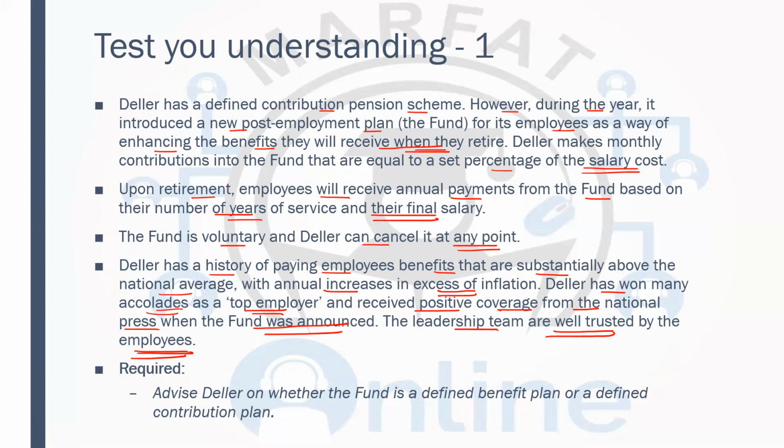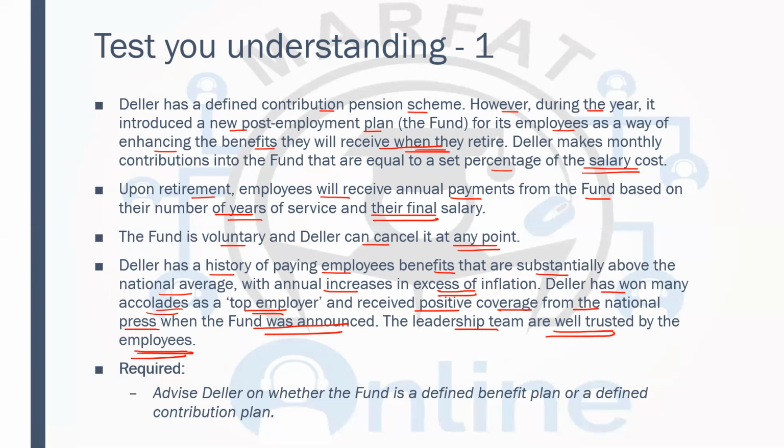Deller makes monthly contributions into the fund that are equal to the set percentage of salary cost. Upon retirement, employees will receive annual payments from the fund based on their number of years. The fund is voluntary. Deller has a history of paying employee benefits substantially above the national average with annual increases in excess of inflation, and they have won industry awards.